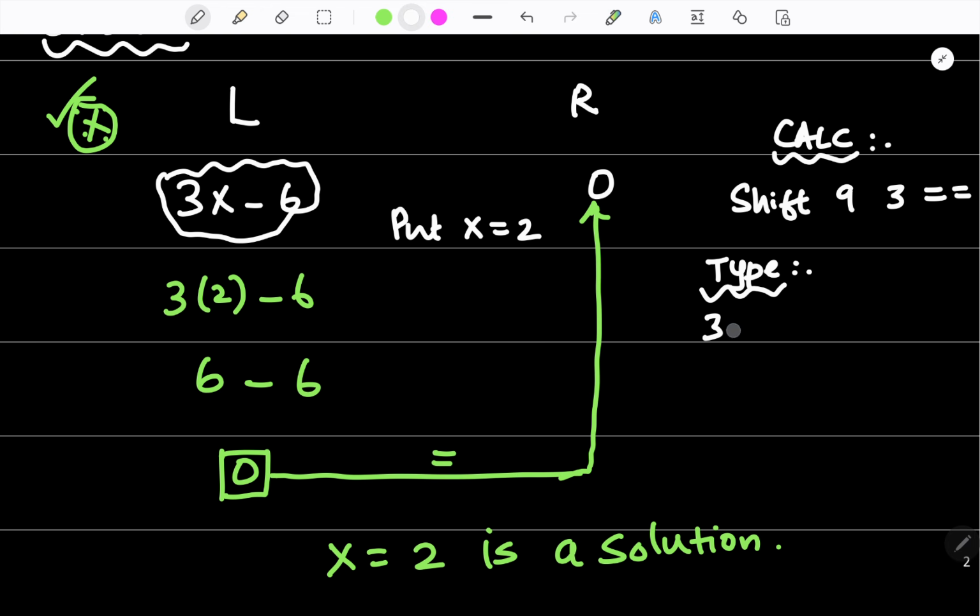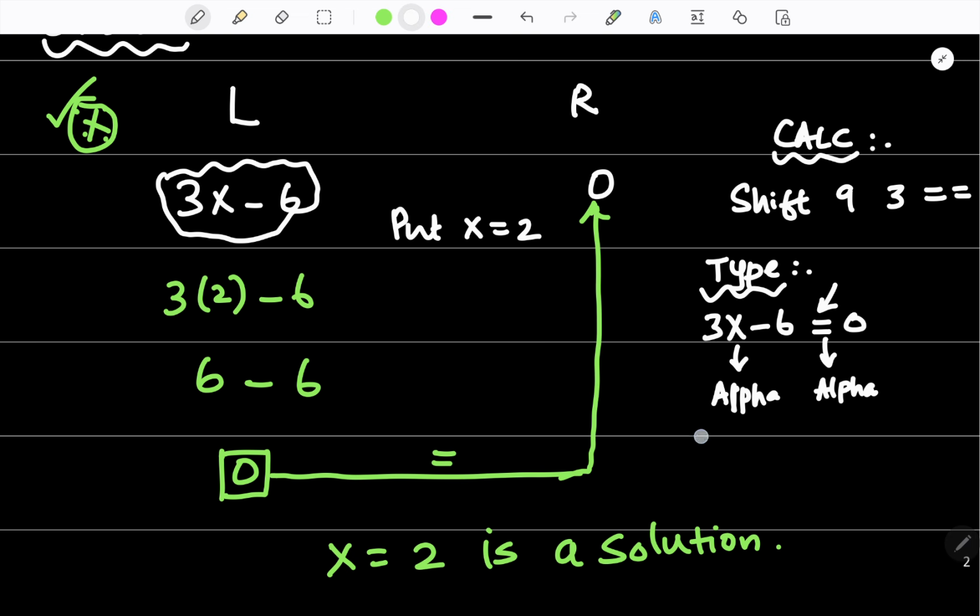X is the alpha key, the black colored key in the last row. Press x, then minus 6. Then for equal, again alpha equal. This is also the alpha key. Alpha equal, which is equal to 0.